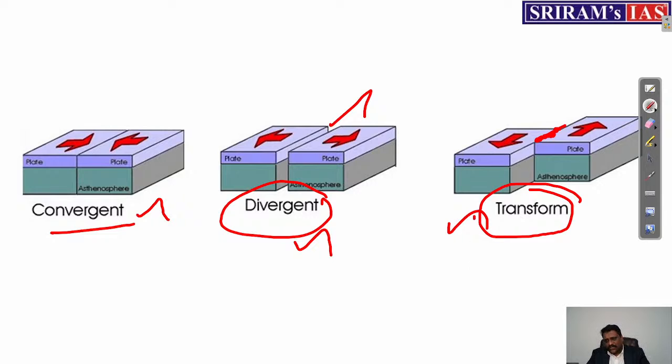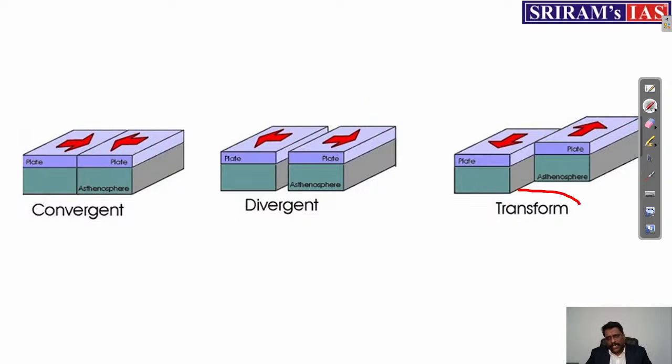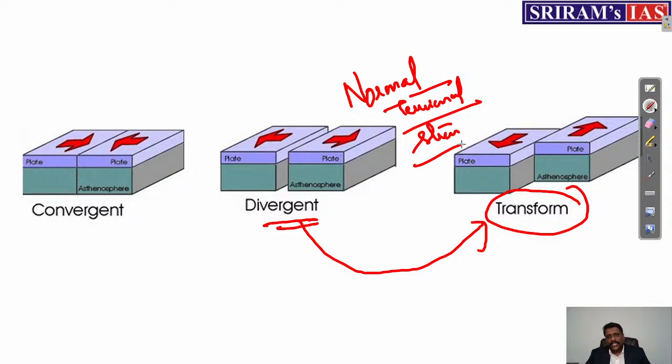See, the third, transform boundary, I will say is more of an exception. My understanding should be largely with convergent and divergent, because though I say it is a transform boundary, it is more similar to the nature of a divergent boundary. The type of stress induced will be different. A divergent boundary will have normal tensional stress, or tensile stress. At a transform boundary, you will be experiencing a shearing stress. At a convergent boundary, I'll have compressional stress.